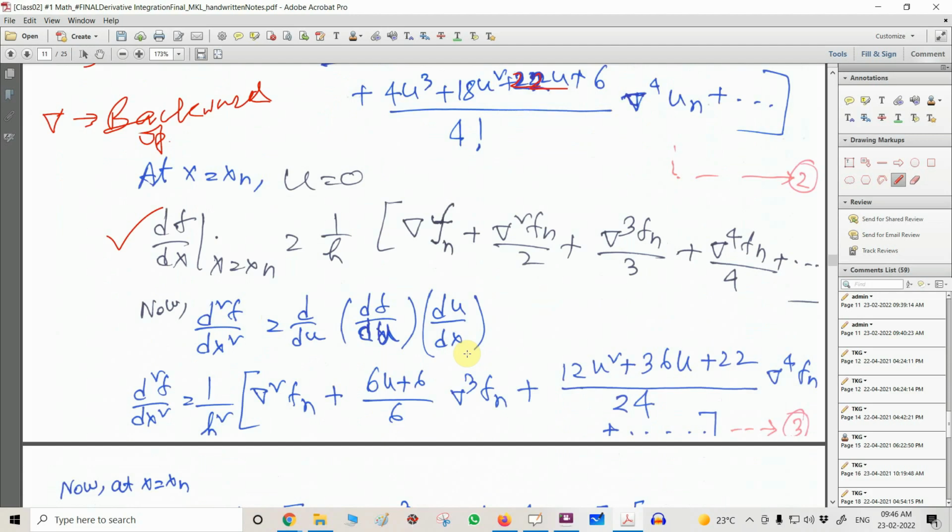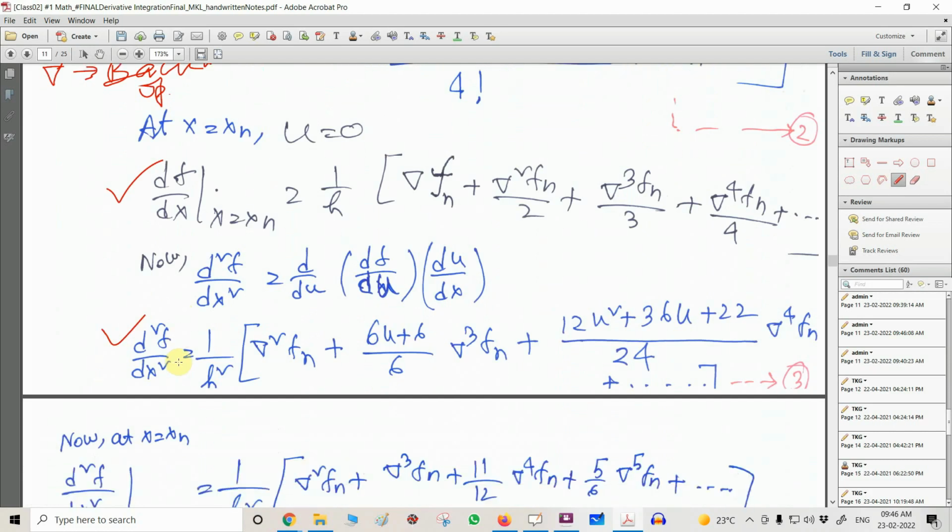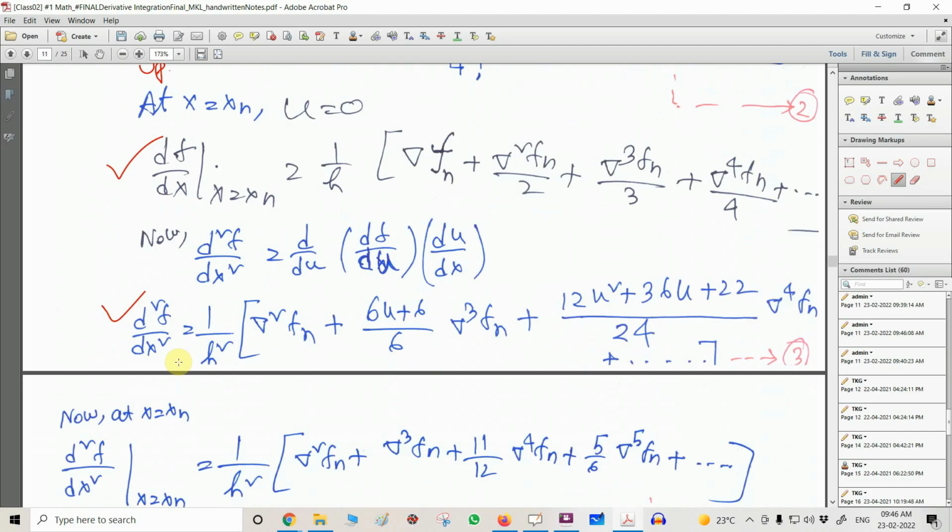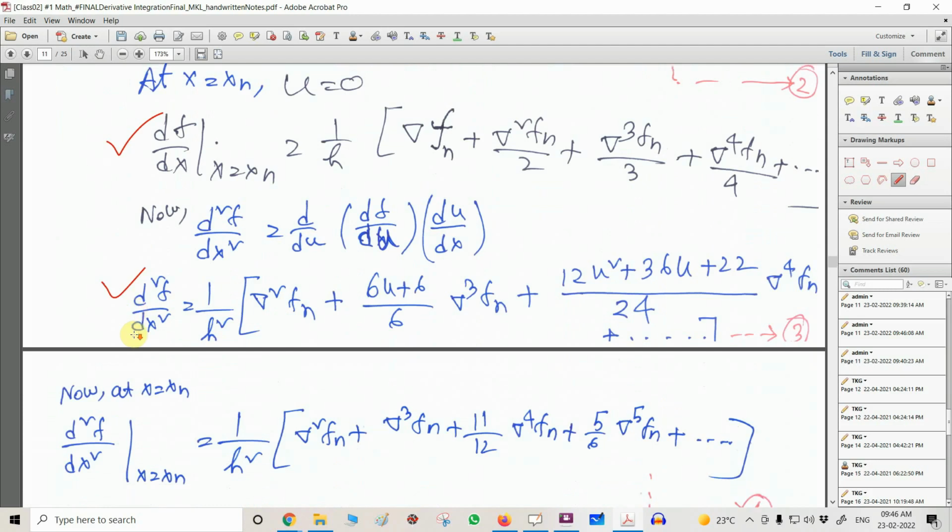From there you can also find this result for d2f/dx2. So at x equals xn, u will be 0, and from there you will have this result: d2f/dx2 at x equals xn.